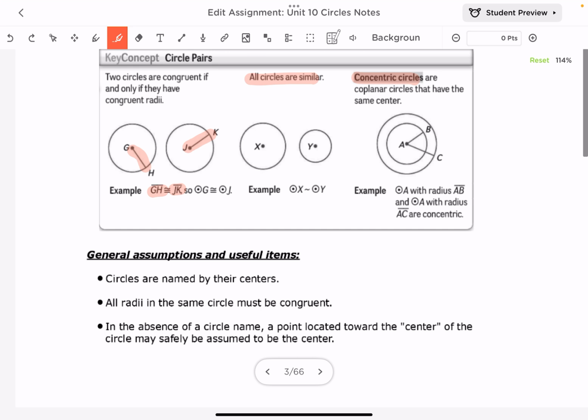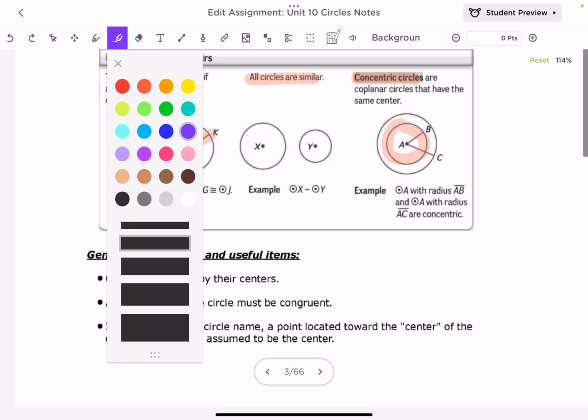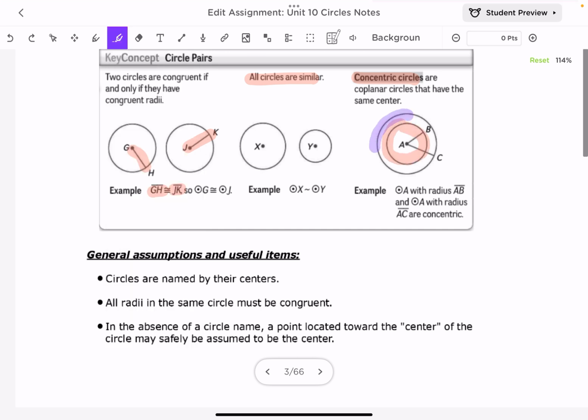You may not have heard this definition, but these are coplanar circles that have the same center. So if you look over here, it's basically like a bullseye: you see the smaller circle with A as the center, but then you see that bigger circle, but A is still the center. So they'll have different radii, those two circles, but they can still have the same center.